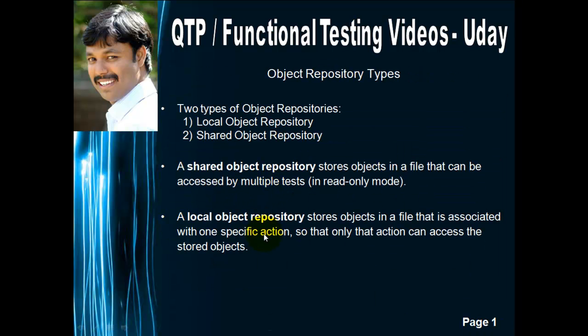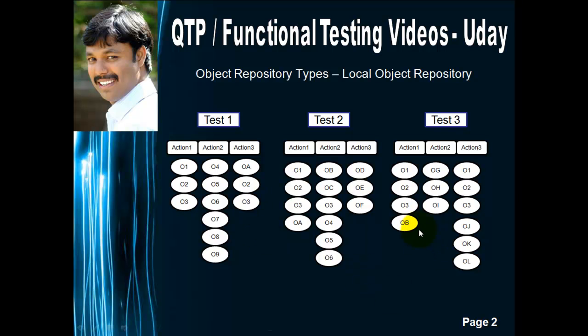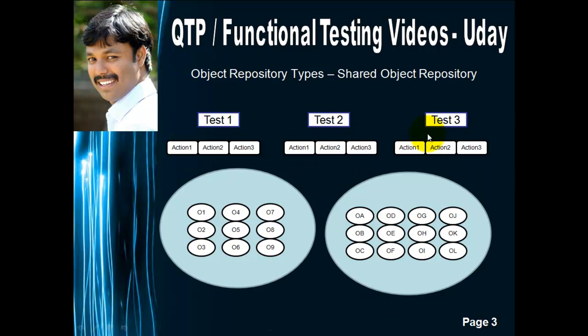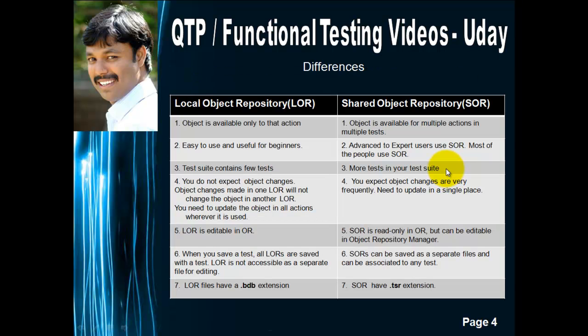I think so far you are clear, and this is how shared object repositories work. Whatever shared object repositories there are, you need to associate them to the respective tests. So these are the differences between the local object repository and the shared object repository. In a local object repository, the object is available only to that action; in a shared object repository, objects are available for multiple actions.